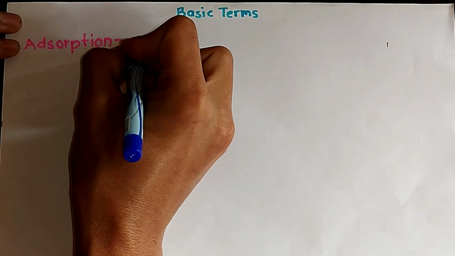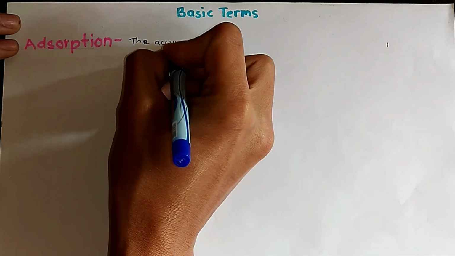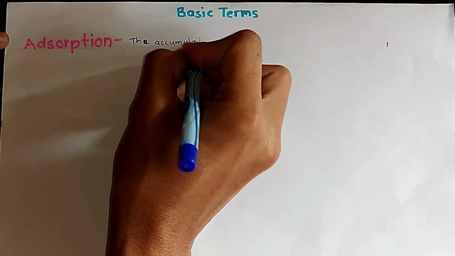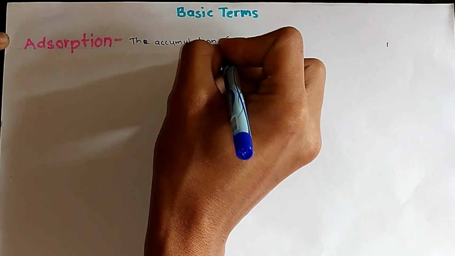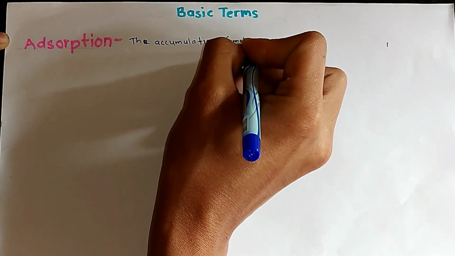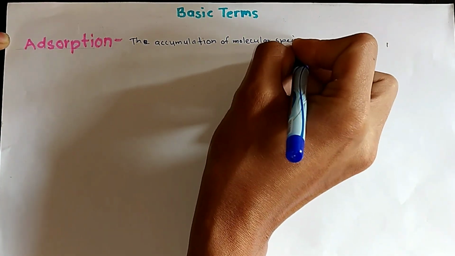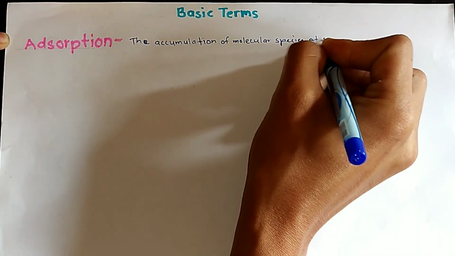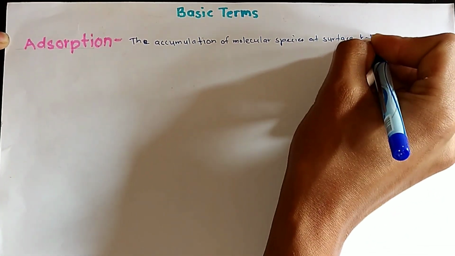What is adsorption? The accumulation of molecular species at surface rather than in the bulk.